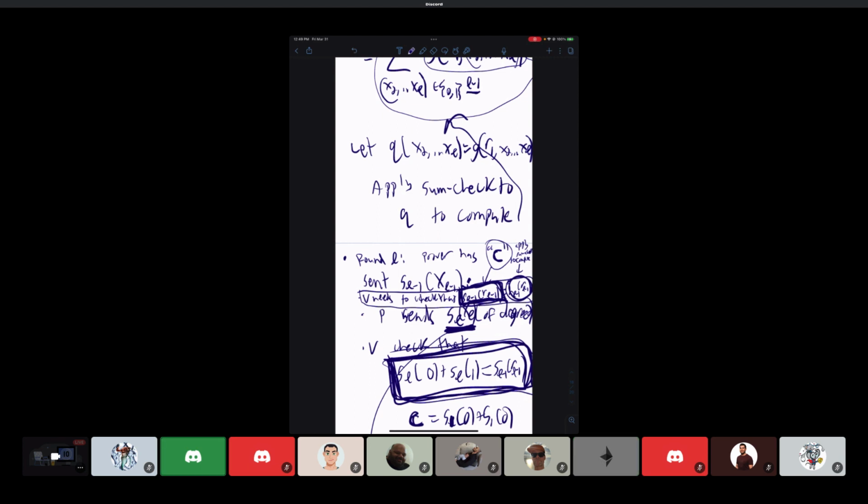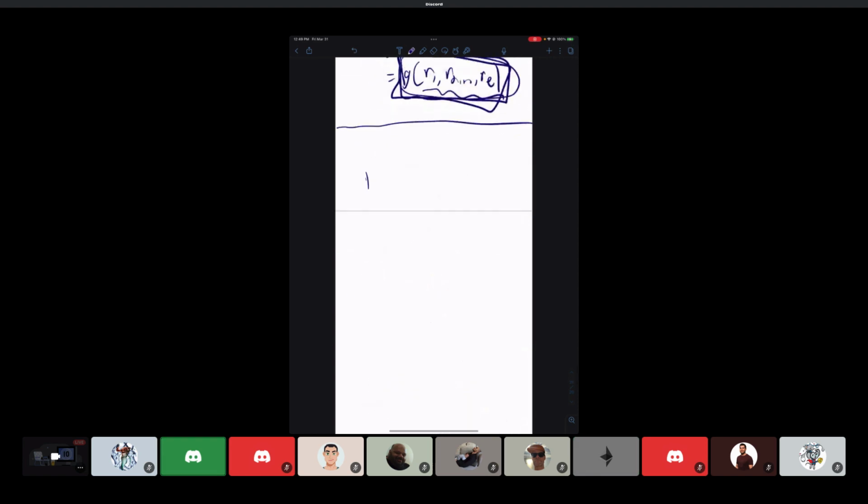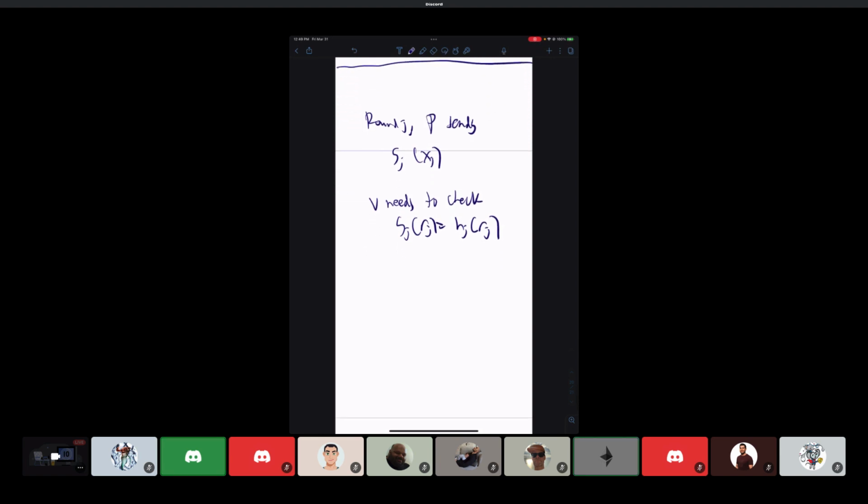So, in a given round, let's say round J, in round J, P sends a univariate polynomial Sj. The verifier does some consistency checks to confirm that Sj is consistent with the previous round, but let's ignore that. At the end of round J, the verifier invokes sumcheck recursively to check that Sj of Rj equals what it should be, which is Hj of Rj.